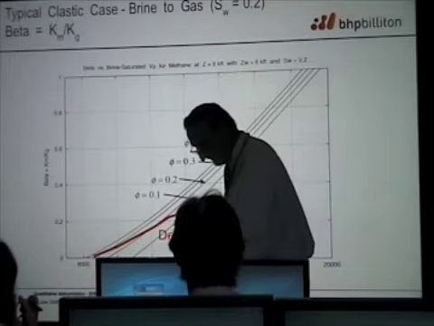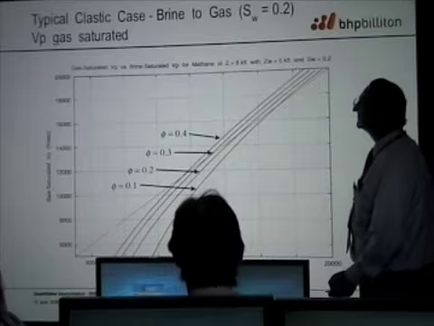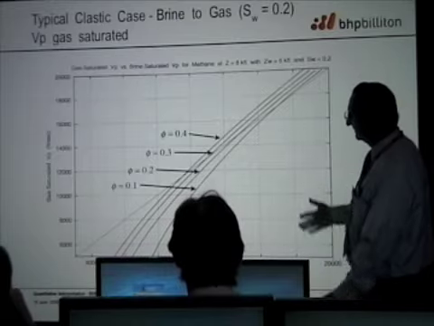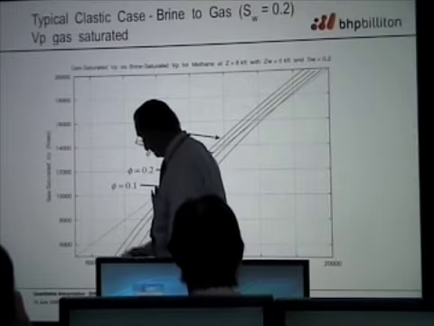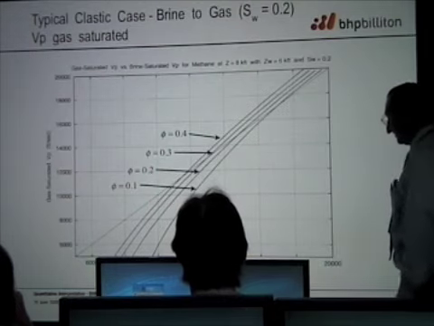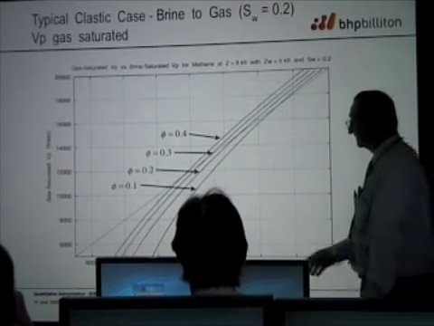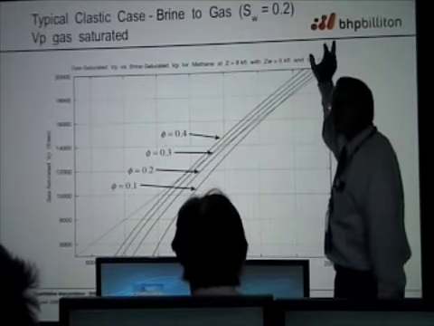Let's look at another one, another property. Since I'm solving Gassmann, I could look at the gas saturated VP for my 20% water saturation rock against the brine saturated VP. And this dashed curve is what it would be if they were equal.